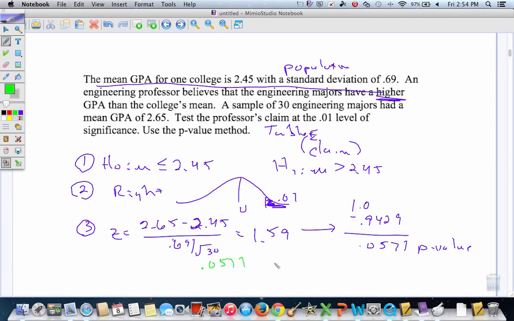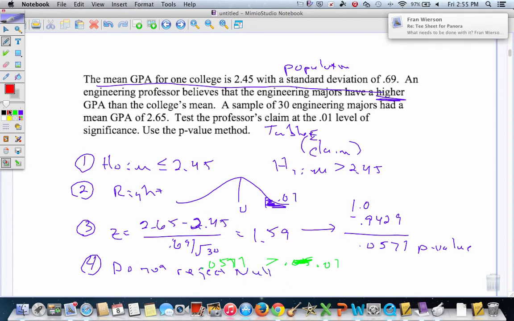So once again, if we memorize the criteria, 0.0571 is our p-value, 0.01 is our alpha, 0.0571 is larger than 0.01, which tells me to not reject the null.